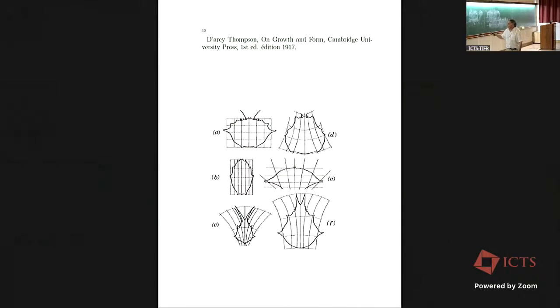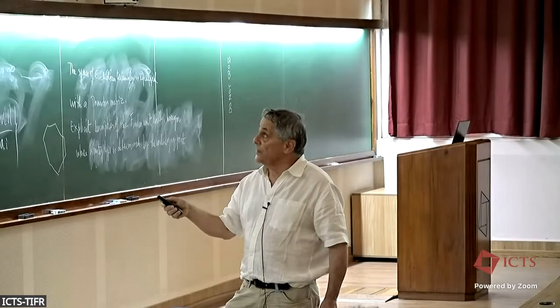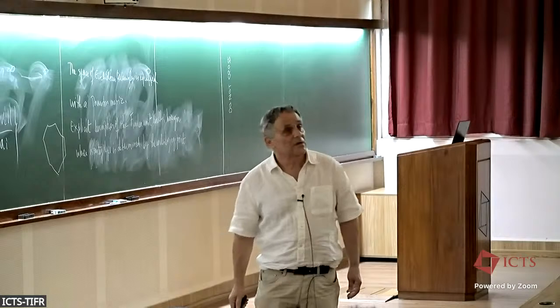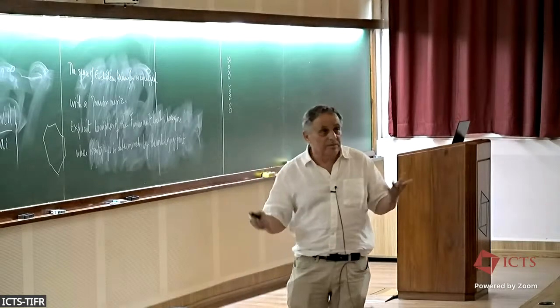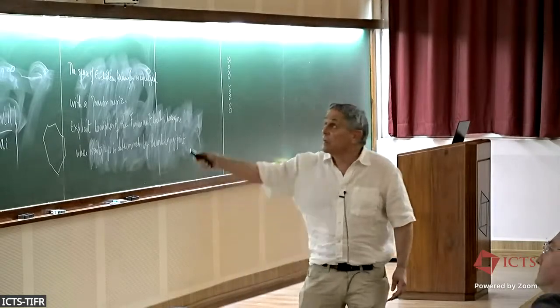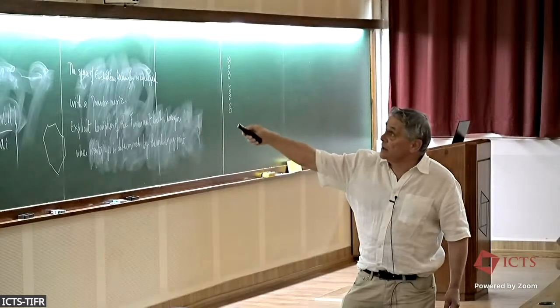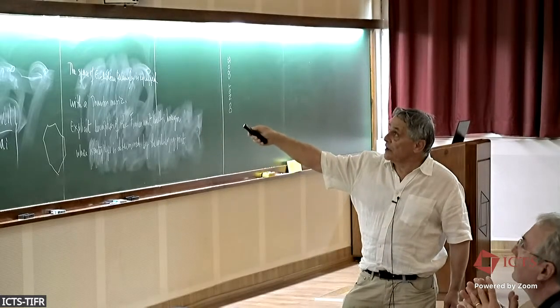And this is about growth. You see, these are different shells. Nature follows the most economical path in principle. This is also a principle. And these are skulls of apes.